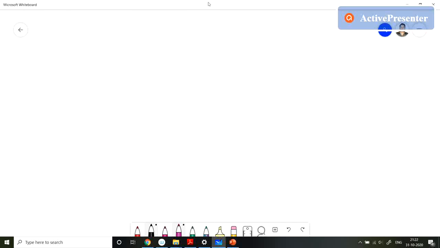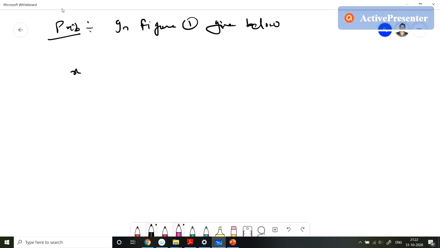Let us solve another problem. The problem is in figure 1 given below. So what is figure 1? Let us draw figure 1. x(n) is applied to a summer. Let us first draw this figure.